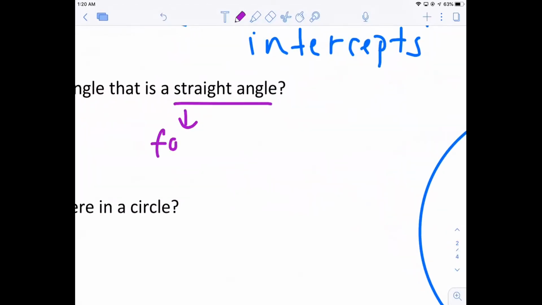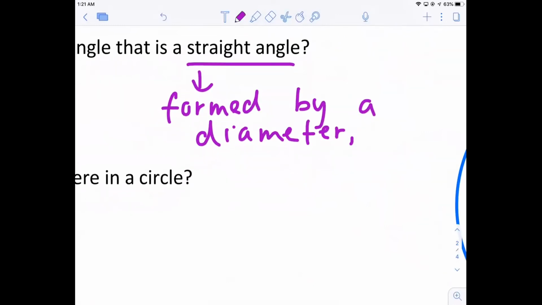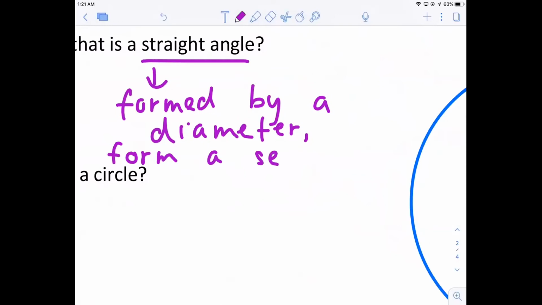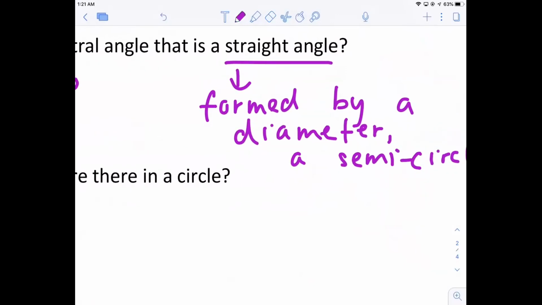Any diameter is going to make a straight angle, and it's also going to create a semicircle.